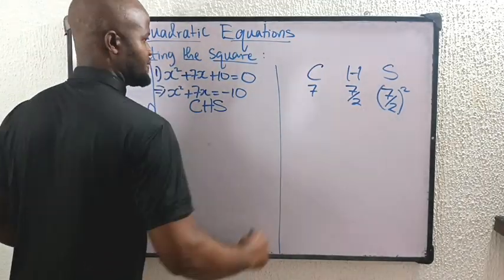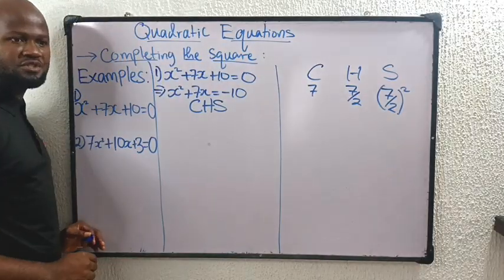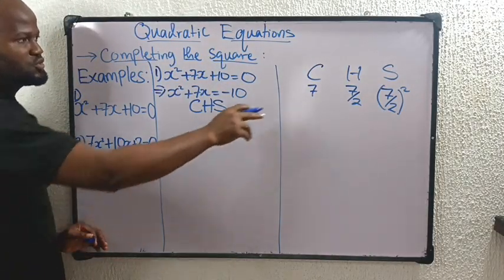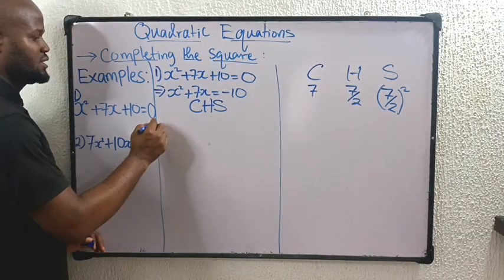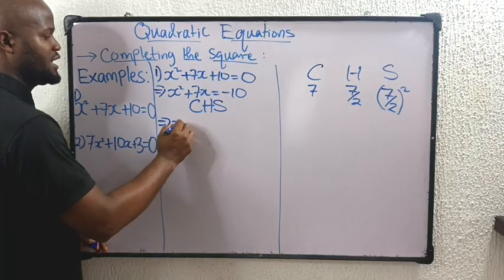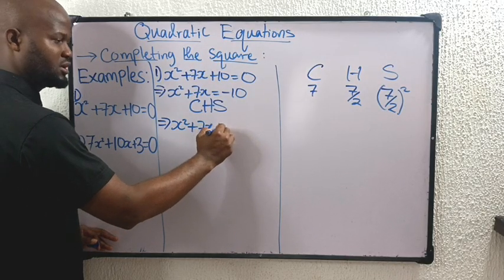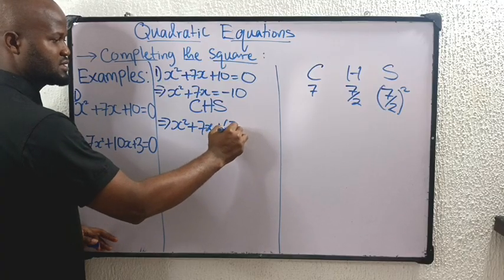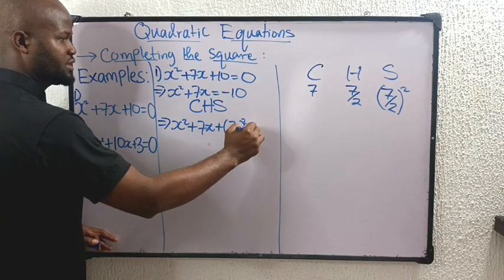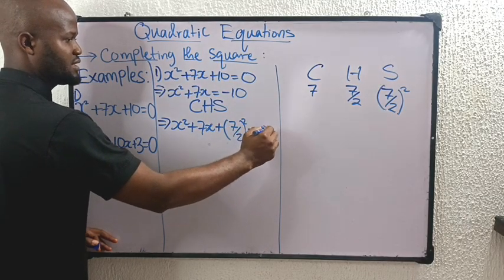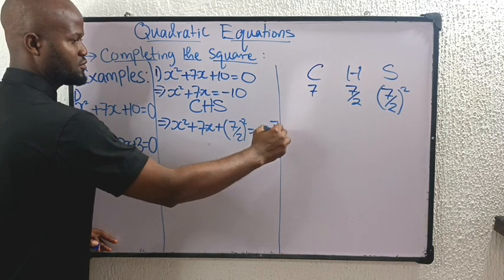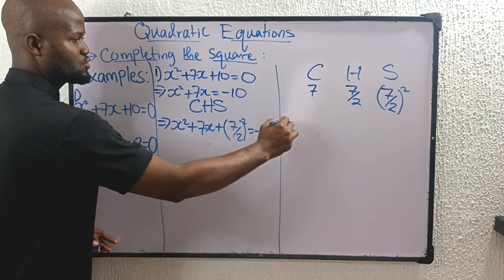So this is the square of half of the coefficient of x, and I'm going to add this to both sides. This implies x squared plus 7x plus, open a bracket, 7 over 2 all squared equals negative 10 plus 7 over 2 all squared.